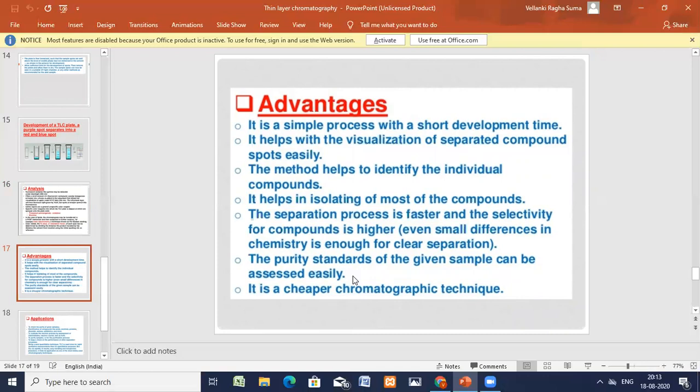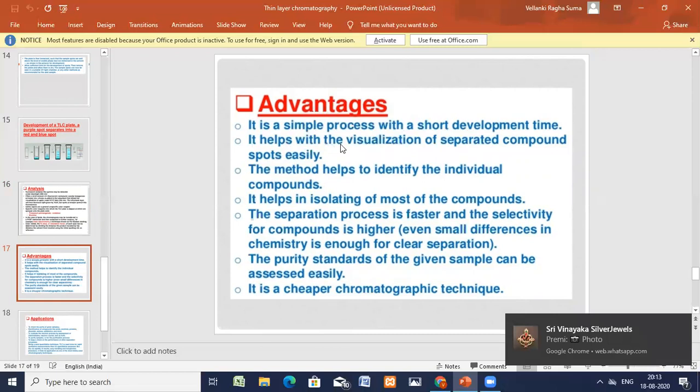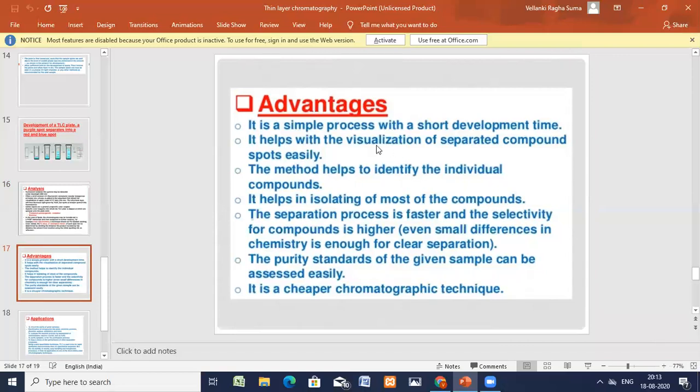The spraying color reagents are characteristic. Now the advantages of this technique: it is a simple process with short development time. It helps in the visualization of separated compound spots easily.